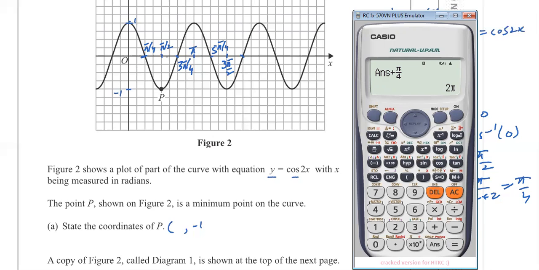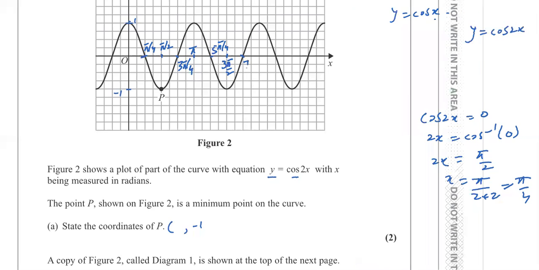So it was pi by 4, pi by 2, 3 pi by 4, pi, 5 pi by 4, then adding another pi by 4 gives 3 pi by 2. Then adding another pi by 4 to this one will make 7 pi by 4. It means this one is 7 pi by 4.